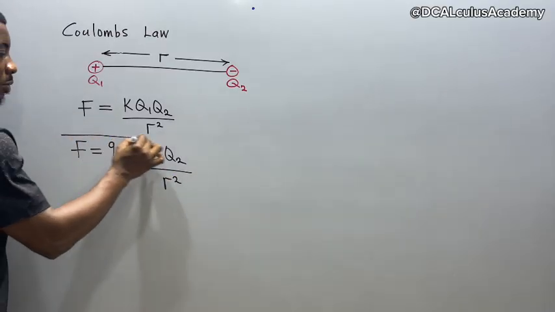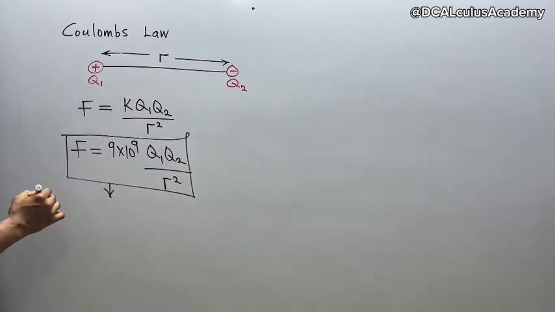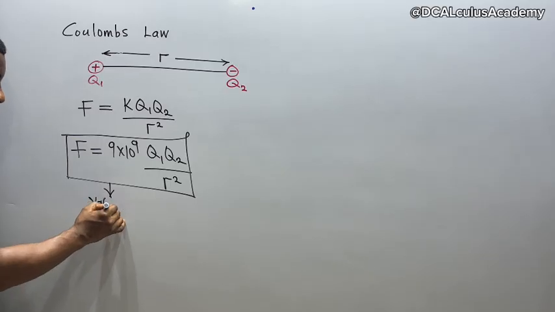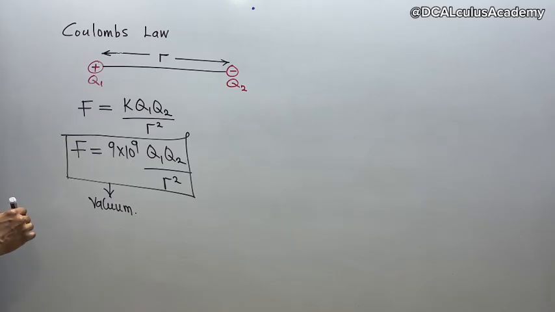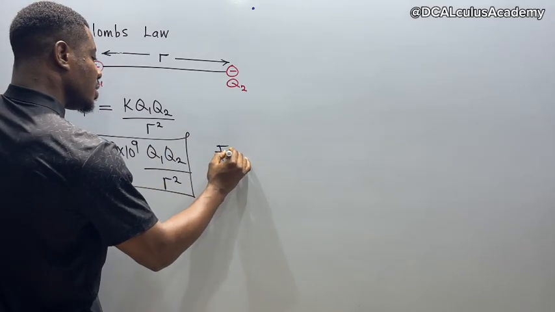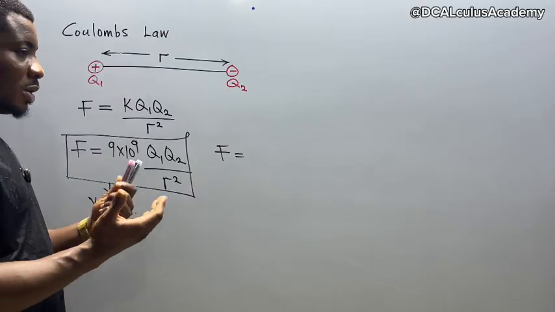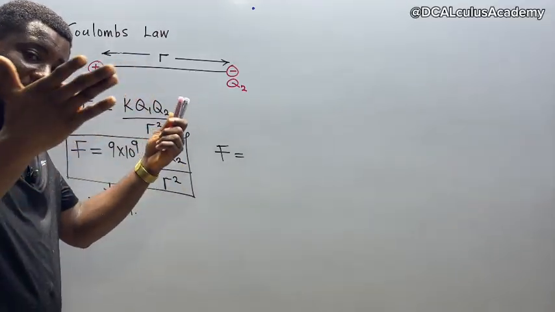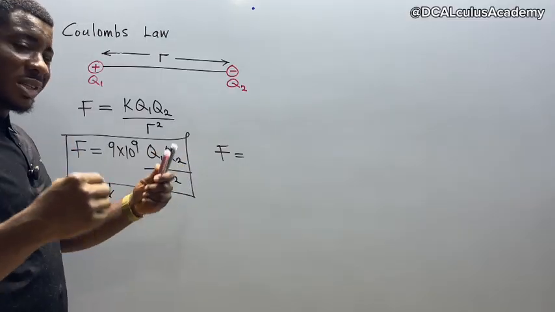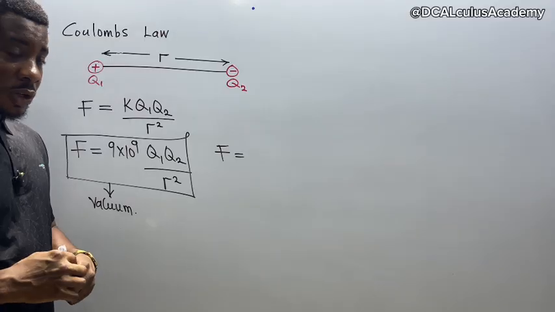When you use this formula, remember that the system must be in a vacuum or free space. Now, if the system is in a medium, which is the environment of the charge, such as oil or water, where the charge is placed: if the charge is in air, it is called free space; if the charge is in water or anything else, it is called a medium.